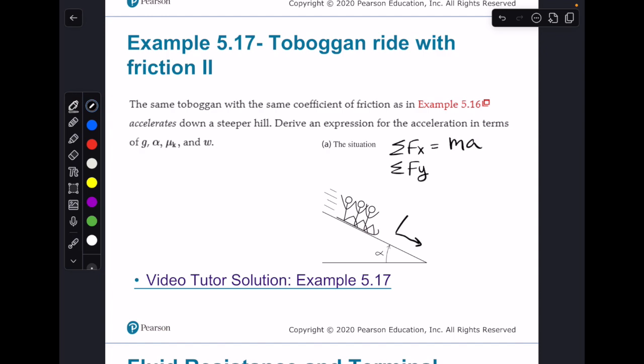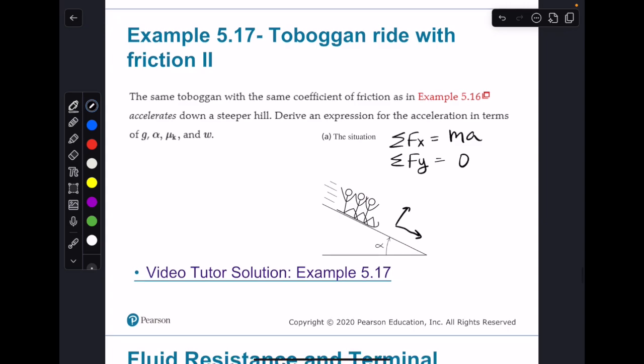And then you're not accelerating in the y at all, right? Because of how we define our coordinate system when we're on an incline. So you're going to have different Newton's laws that you're applying to the x and the y. All right, but then you're going to follow the same problem-solving steps. You're going to use expressions in Fy to plug into Fx to solve for a.